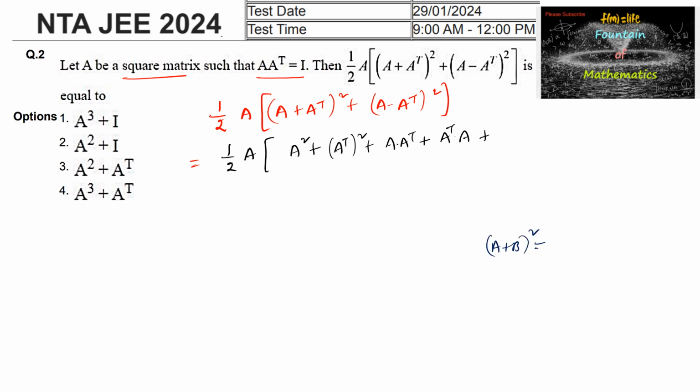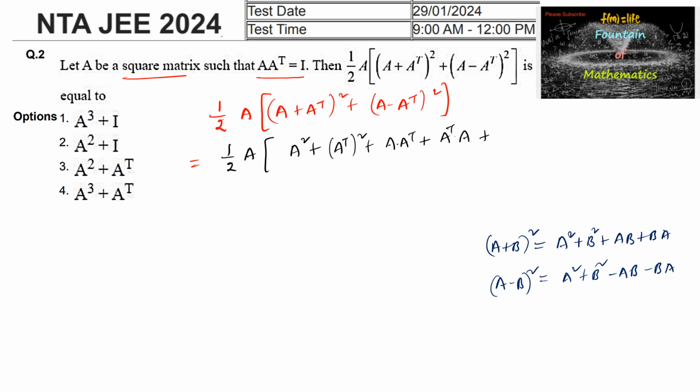(A plus B) whole square is equal to, when A and B are matrices, A square plus B square plus AB plus BA. Similarly, (A minus B) whole square is A square plus B square minus AB minus BA.